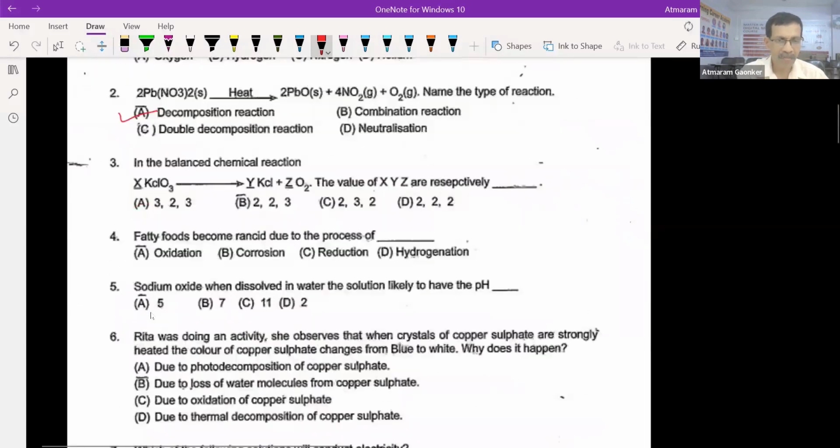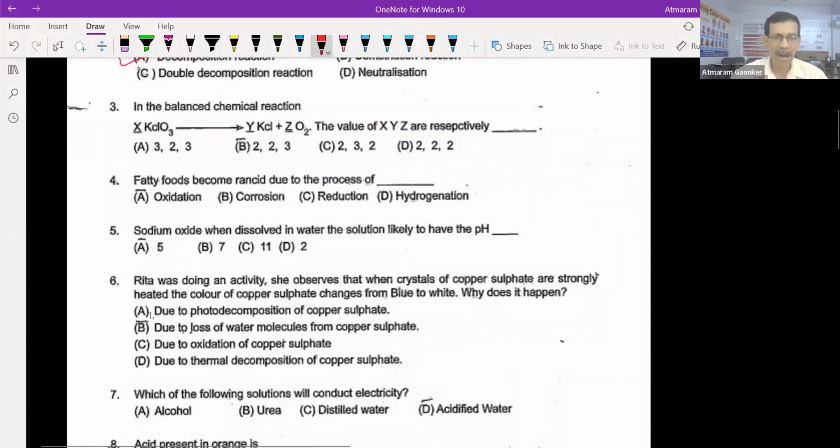Then the third one, in the balanced chemical reaction, here this chemical reaction is given, and you have to find X, Y and Z. For that you will have to select any one of these options, such that the left hand side is balanced to the right hand side.